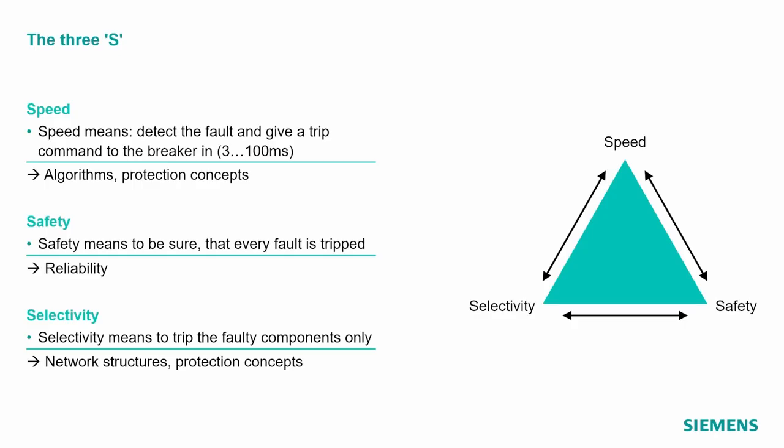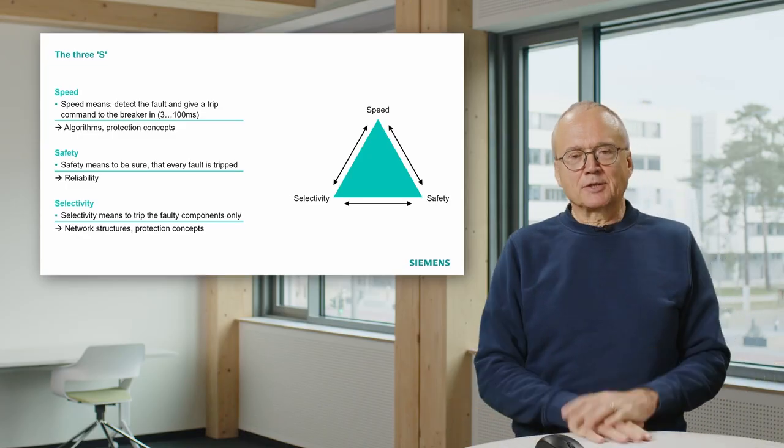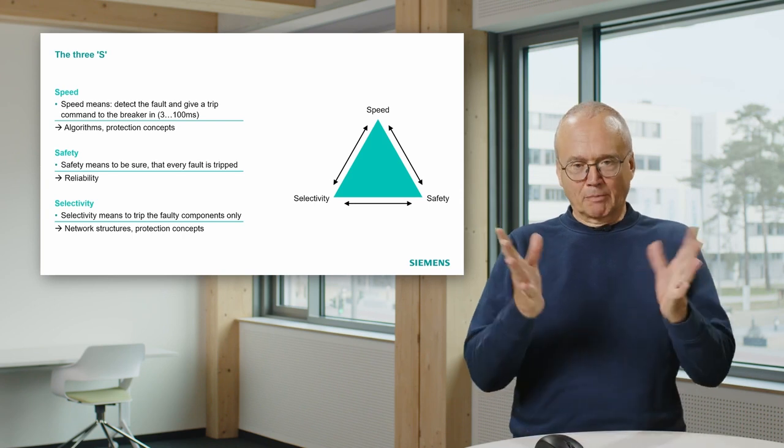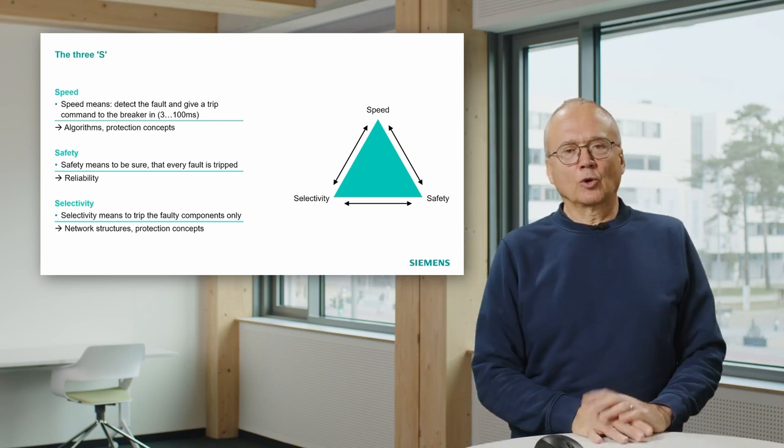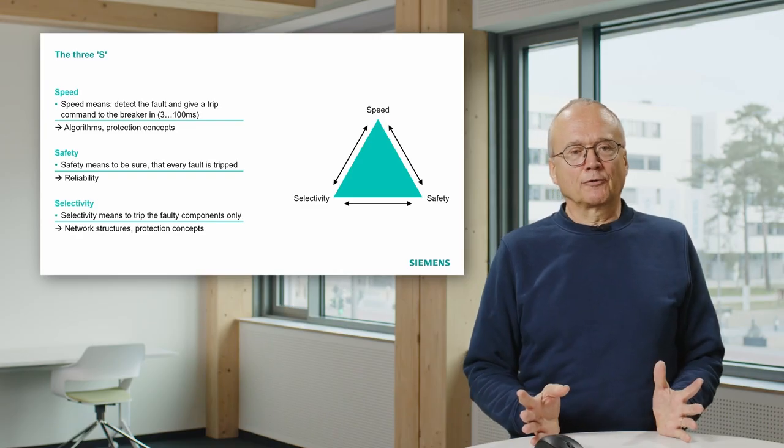Now let's talk a little bit about the requirements to protection. And there we often mention the 3 S. That means speed, safety, and selectivity. So let's look at this a little bit more. What does speed mean? Speed is pretty important. Remember, short circuit, a lot of current flowing, risk of damage to components.